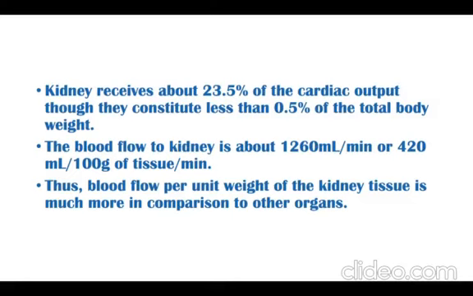Okay, the blood flow to kidney is about 1,260 ml per minute or 420 ml per 100 gram of tissue per minute. Thus, blood flow per unit weight of the kidney tissue is much more in comparison to other organs. Nak cakapnya, kidney ni terima innervation yang banyak dan juga blood flow yang agak besar compared to other organs.